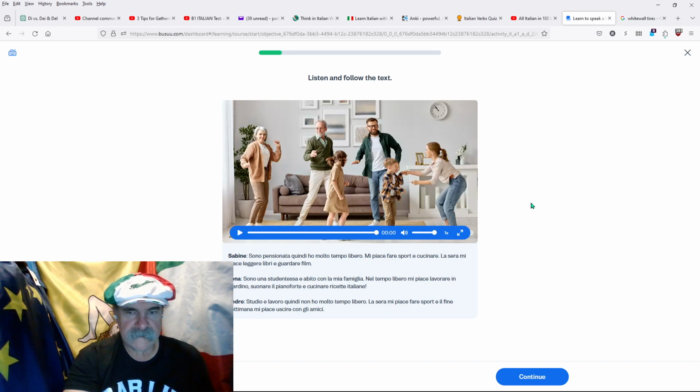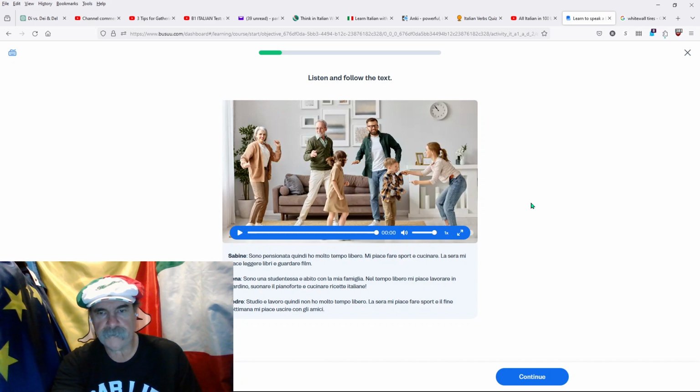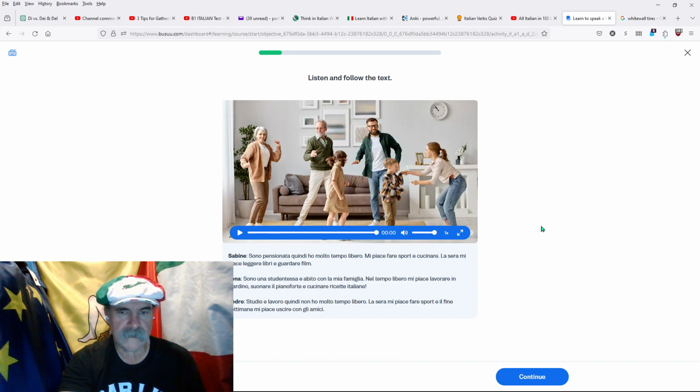Sono pensionata, quindi ho molto tempo libero. Mi piace fare sport e cucinare. La sera mi piace leggere libri e guardare film. Sono una studentessa e abito con la mia famiglia. Nel tempo libero mi piace lavorare in giardino, suonare il pianoforte e cucinare ricette italiane.